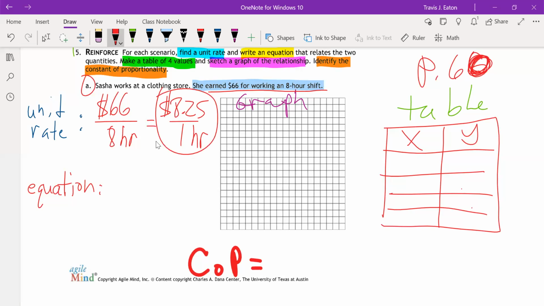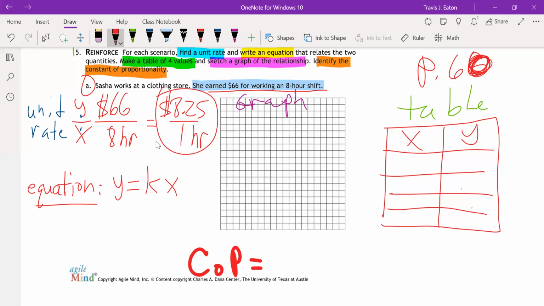Now if we want to write the equation that relates those two, remember that when we are looking for the unit rate, we always want to divide the y value by the x value. But when we write it the other way for the equation, it's y equals k, which is the constant or the unit rate, multiplied by x, which is the input.